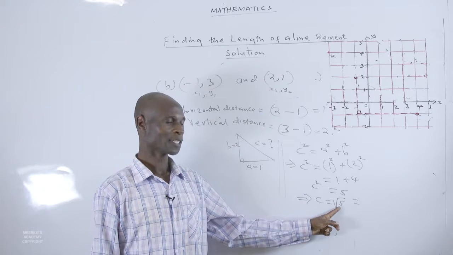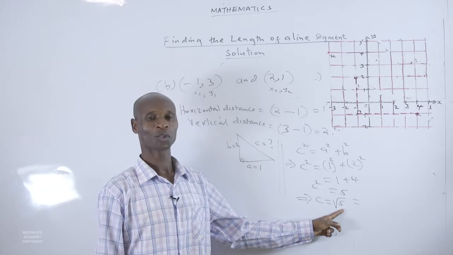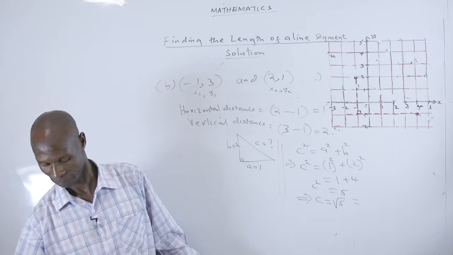So using your calculator, can you find the square root of 5? Correct it to 2 decimal places.